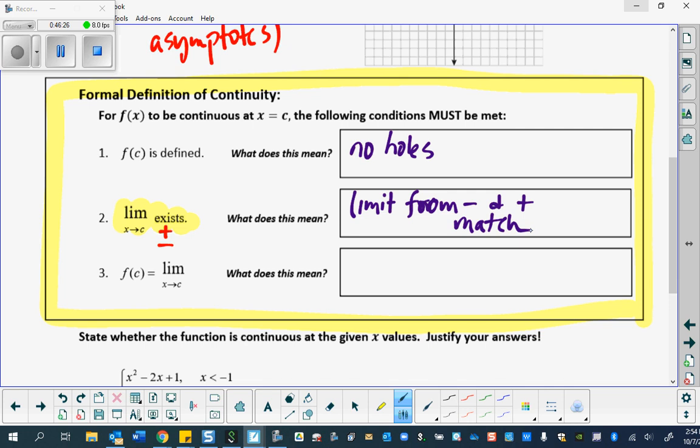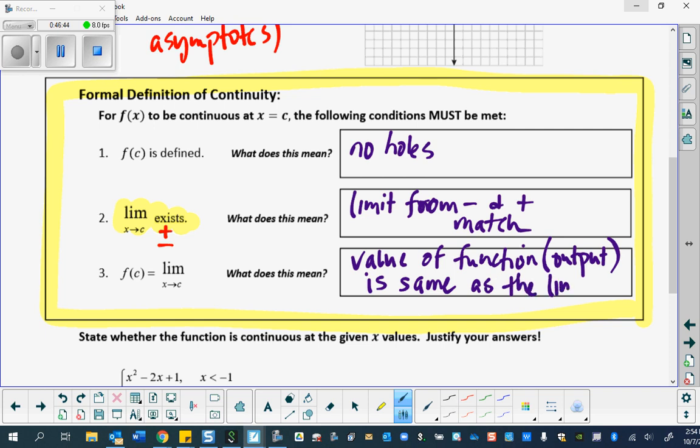That both of these are the same. The value of the function, think about it in terms of the output, is the same as the limit.